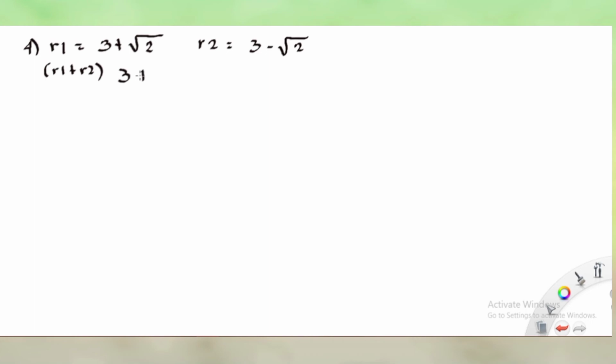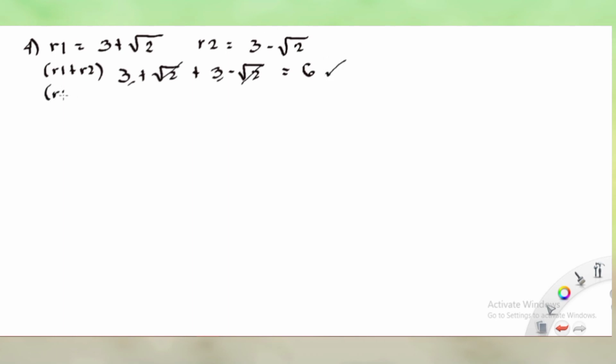So 3 plus the square root of 2 plus 3 minus the square root of 2. We will just combine similar terms. 3 and 3 are constants. 3 plus 3 is 6. And then the square root of 2 minus the square root of 2 is equal to 0, cancelled out. So, the sum of the roots is 6.